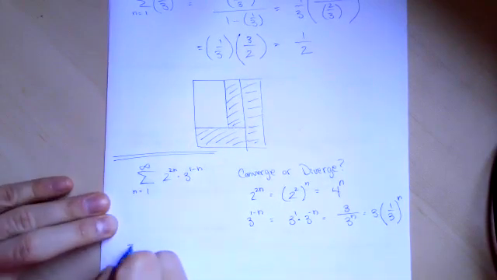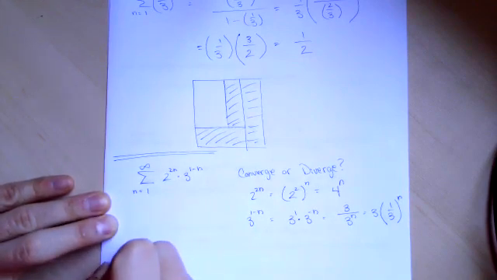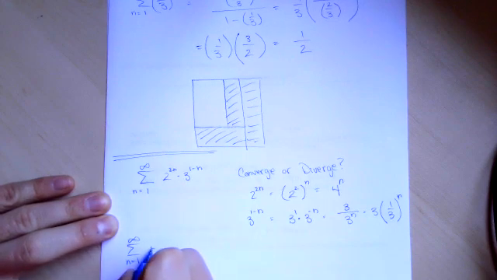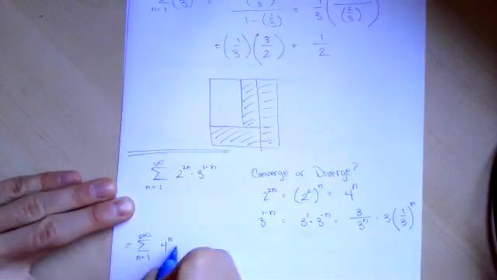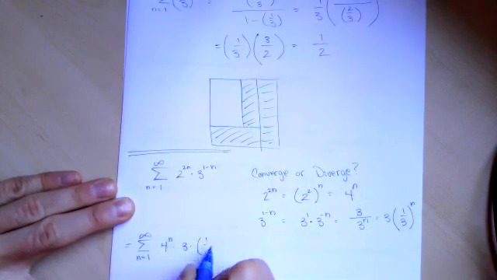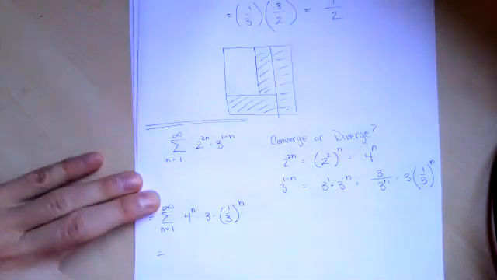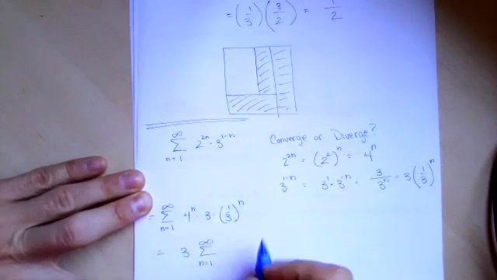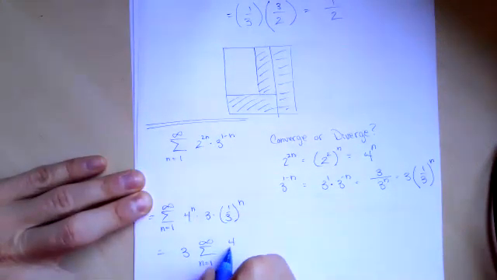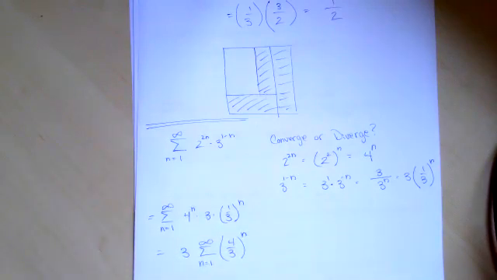And so rewriting this guy, and sorry, we're out of time, so let me just finish it up real quick. We have 4^n times 3 times (1/3)^n. We can pull out the 3, and now I have something to the n times something to the n, which means I can multiply those two together and write them as that combination to the n.